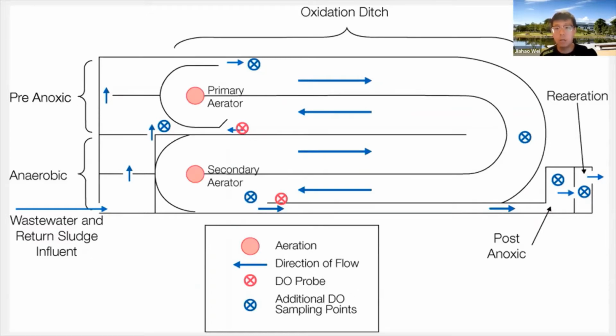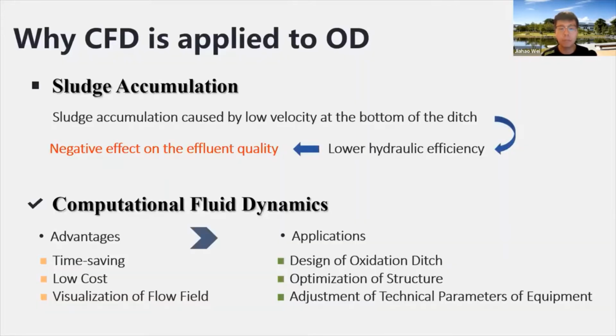Some impellers are around the bends to push the water flow, and one or more horizontal aerators guarantee oxygen supply. In practice, the oxidation ditch is prone to sludge accumulation in places due to the low velocity at the bottom. Then a lower hydraulic efficiency will cause a bad quality effluent.